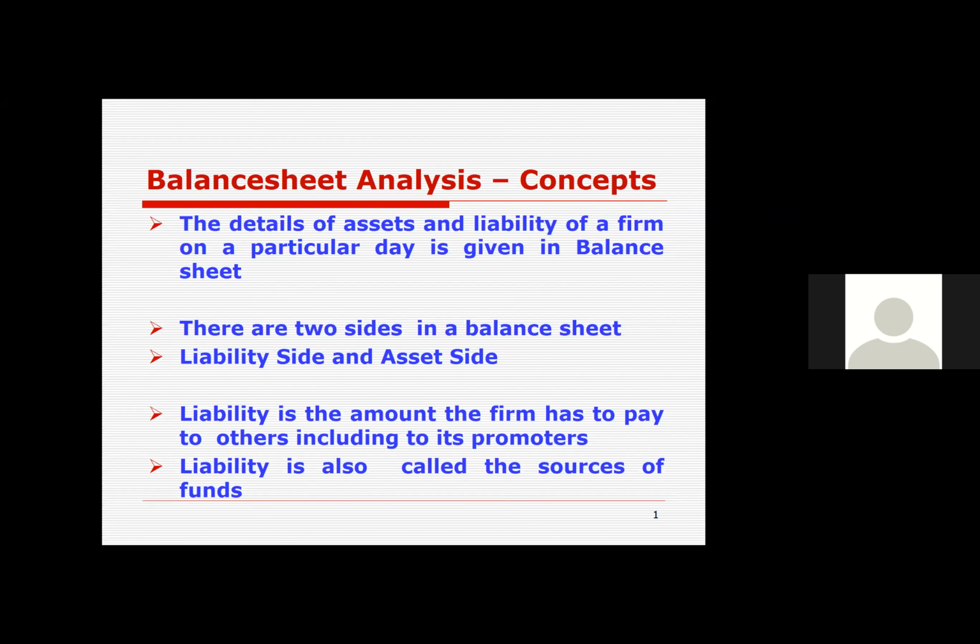The liability is also called the sources of funds. So which are all the sources from where the promoters have raised resources to run the organization. Please understand, the liability is the amount the firm has to pay to others, including to its promoters, and it is also called the sources of funds of the firm.